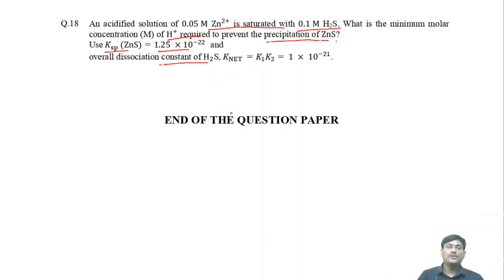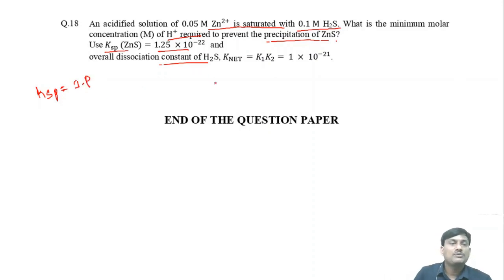For precipitation, what is the condition? Here Ksp should be equal to the ionic product Ip.